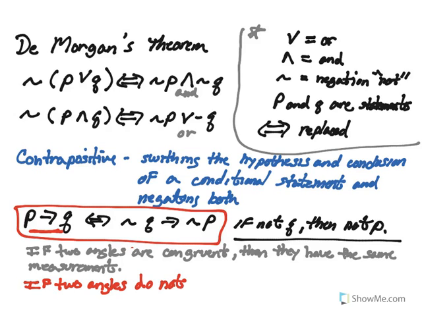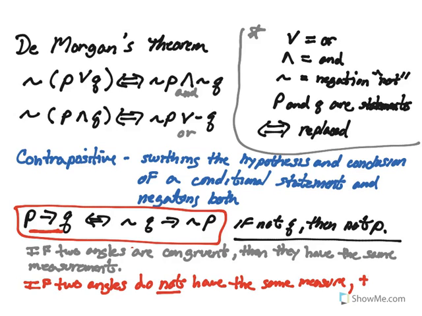If two angles do not have the same measure, that's your Q statement. I put it out front and made it negative by putting the word not.